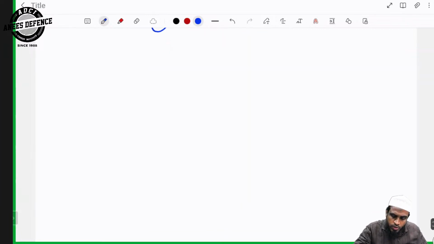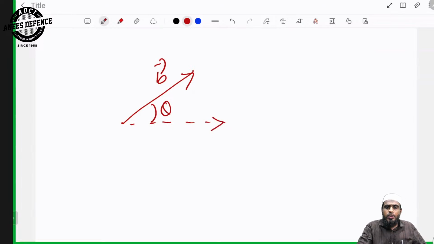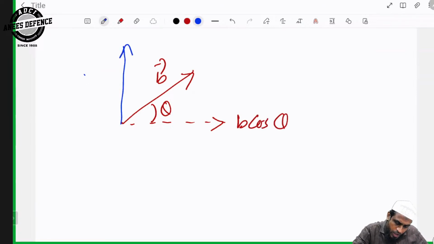So the component of a vector means, for example, if it is a vector B and this is the angle theta, then this component can be represented as B cos theta, and the perpendicular component can be represented as B sin theta.